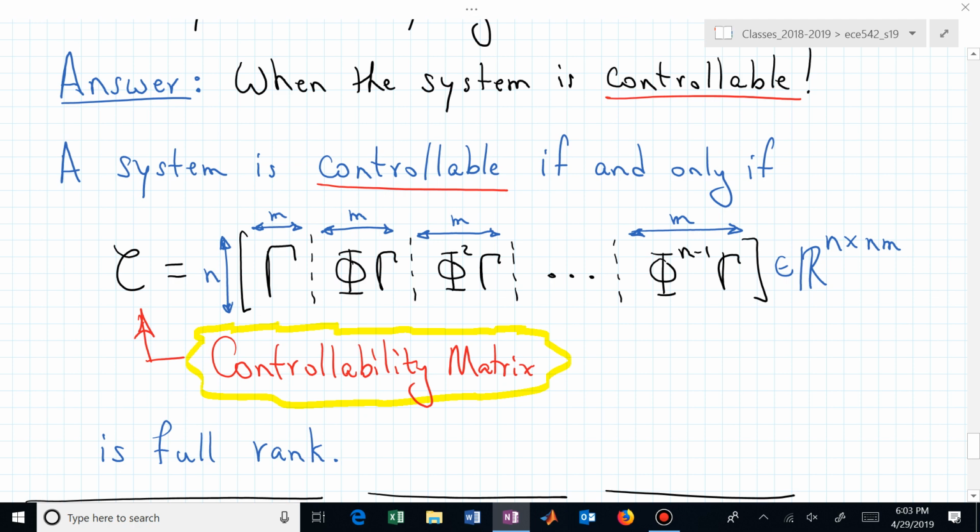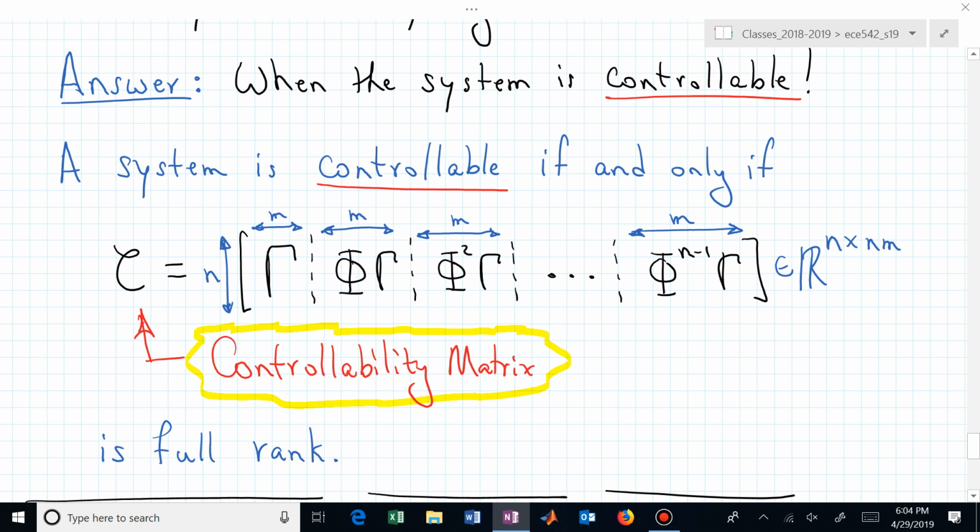Stack that next to the first two sets of columns, and you just keep going with this phi scaling phi gamma product, or phi to the n whatever product times gamma, up to n minus 1. Again, n is the dimension of the system, which is the number of rows or columns in the system matrix phi.